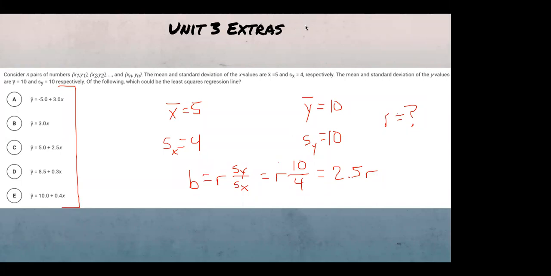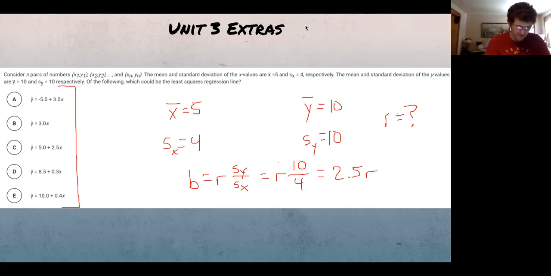It's between -1 and 1. There you go. That's important here. So what we got is a situation where our slope has to be between -2.5 and 2.5. We know that much. We don't know any more than that, but that's enough for our problem.